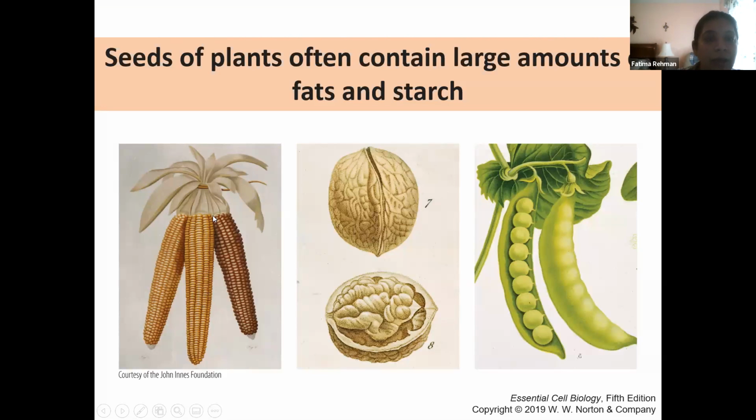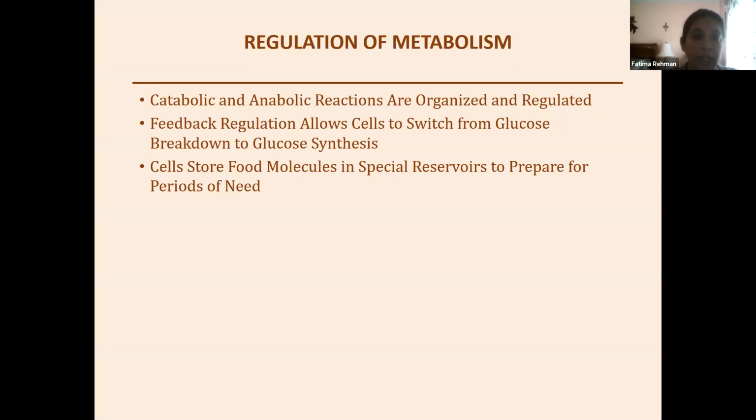In addition, seeds of plants often contain large amounts of fats and starch that can be used by the plants themselves for energy, but also by us as consumers of this energy. The way our metabolism is regulated is through coupled reactions, where catabolic and anabolic reactions are organized and regulated in a chain format.